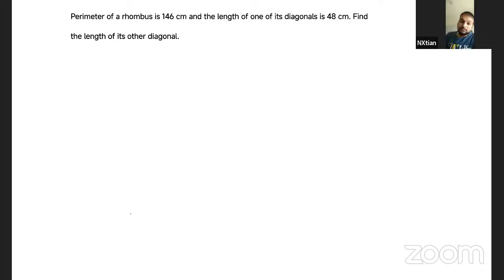Is this the question? Find the length of the other diagonal. The perimeter of the rhombus is given, and the length of one diagonal is given.